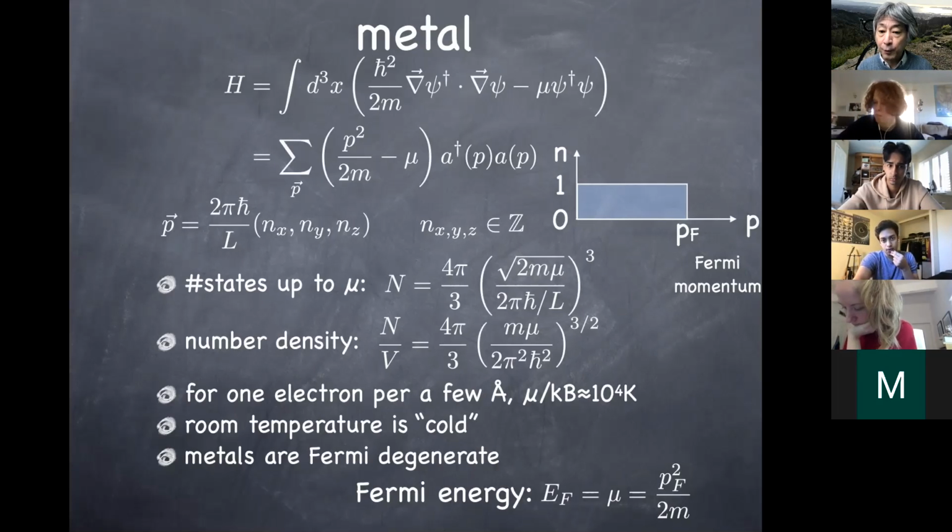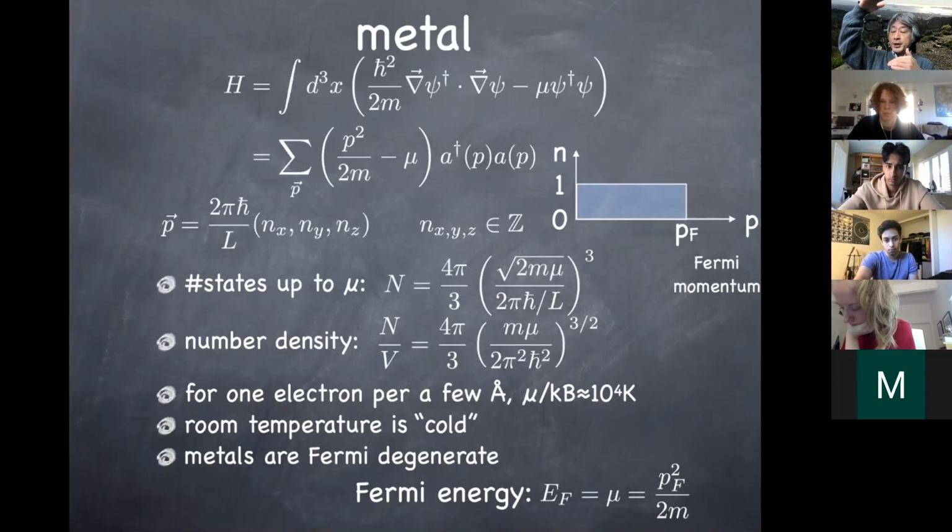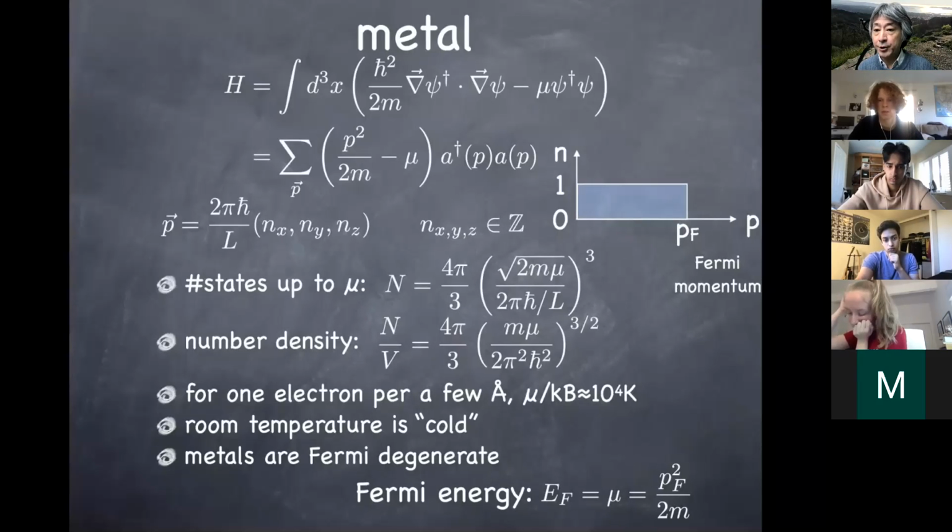Yeah, that's right. So for a given chemical potential, which is the Fermi energy, you can predict how many electrons you can have in the system because you occupy every state up to that energy. So the number of electrons you can have in a system just corresponds to how many states there are in your system. And if you take the continuous approximation, you talk about the density of states.